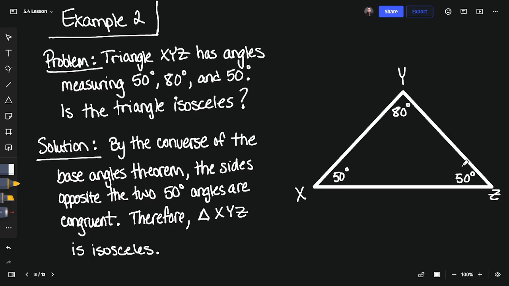And the sides across from those angles have to be congruent to each other. That means that side XY has to be congruent to side YZ. Therefore, that means that triangle XYZ is isosceles. It has at least two congruent sides.